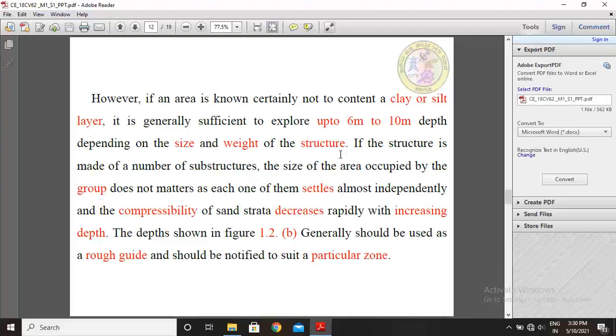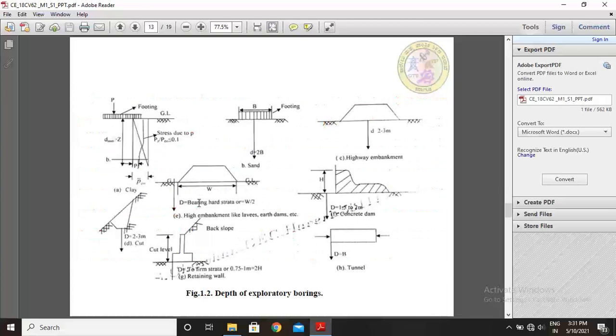If the structure is made of a number of substructures, the size of the area occupied by the group does not matter, as each one of them settles almost independently and the compressibility of sand strata decreases rapidly with increasing depth. The depth shown in figure 1.2b should generally be used as a rough guide and should be modified to suit a particular zone. So these sketches are given for different structures, showing how samples are collected.